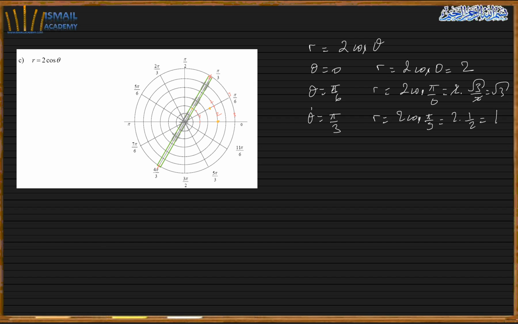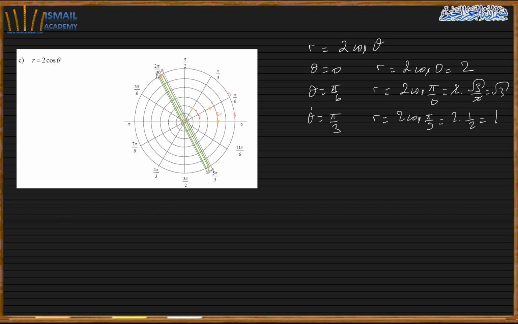Now I'm going to rotate my ruler. Cosine pi over 2 is 0, so that means the radius will be here, it is 0. So as you see here, if I draw, what I will get is half of a circle. But I'm going to keep going because I want to show you something.